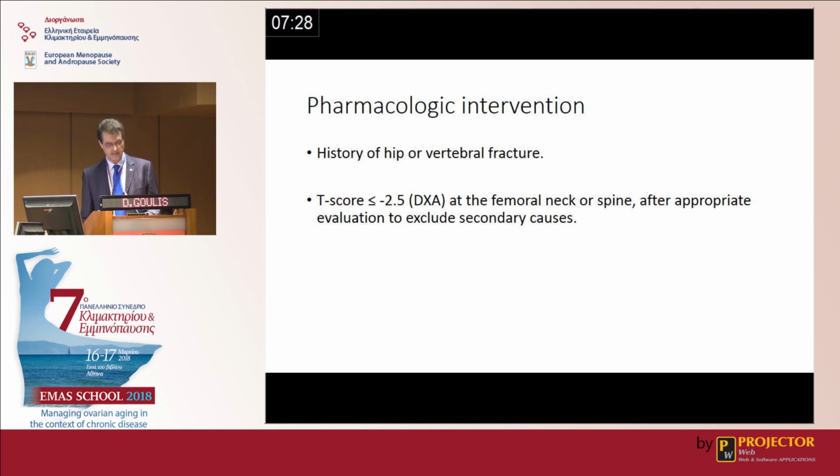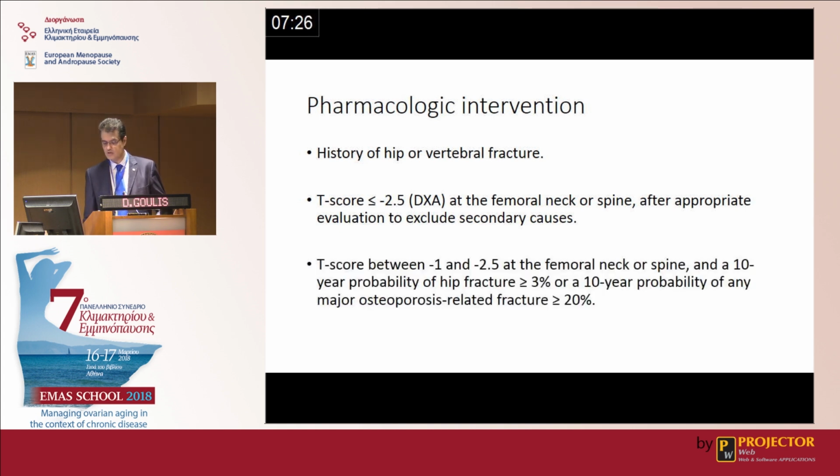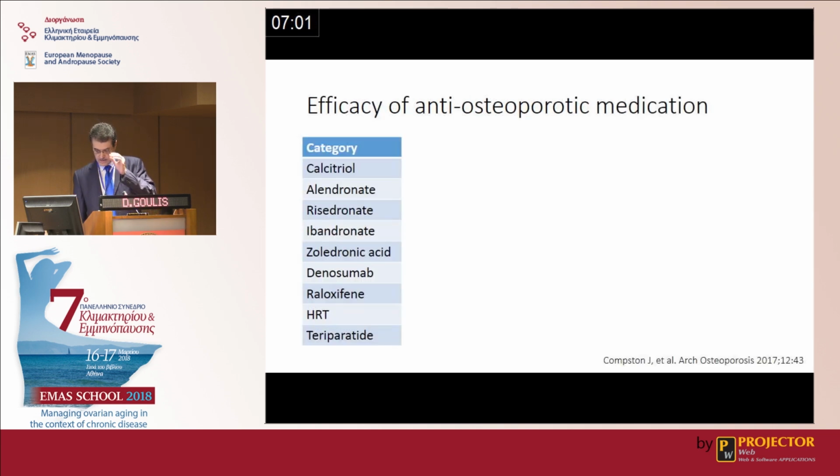You could consider starting a medication. And the third one is the osteopenia range, from minus 1 to minus 2.5, if, according to the FRAX, you have high possibilities of hip fracture, defined as more than 3% over a duration of 10 years, or up to 20% for any major osteoporotic fracture. So three main indications for pharmacologic intervention.